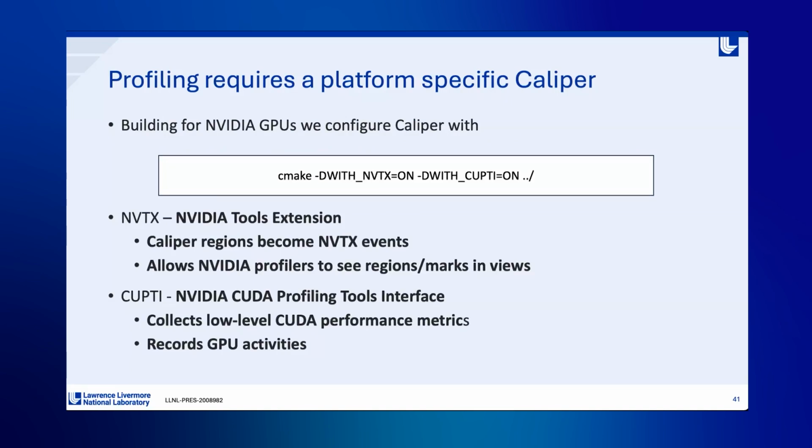And then I also turned on the NVIDIA CUDA Profiling Tools interface. So this will allow us to gather low-level CUDA performance metrics and report some other GPU activities. We won't be really diving into the NVIDIA profiler, but I just wanted to make that available if folks are interested in turning this on at home.